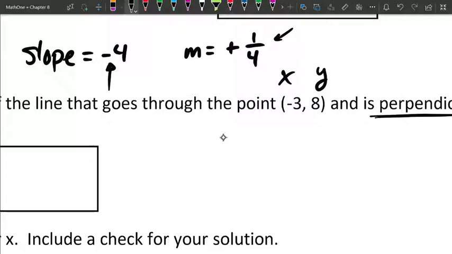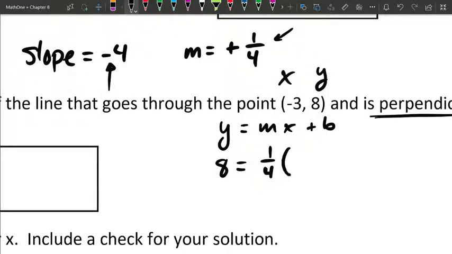So I write by way of reference, y equals mx plus b. The y from the point that I have to hit is 8. The slope that I found is 1/4. The x from the point that I have to hit is 3, and I'm trying my hardest to figure out what point b is.